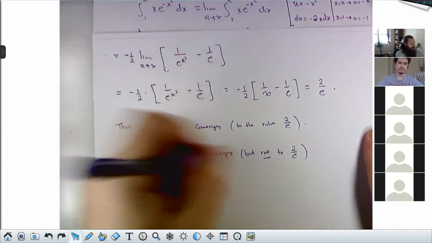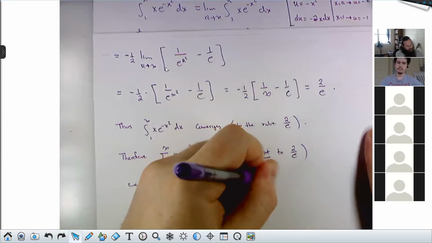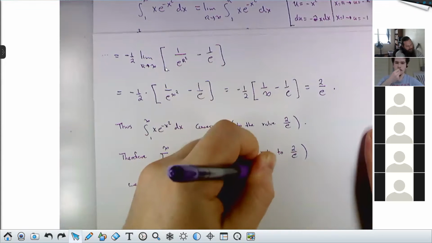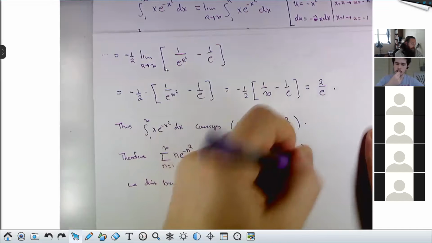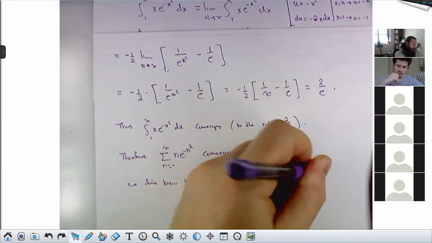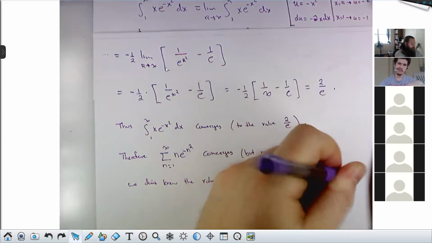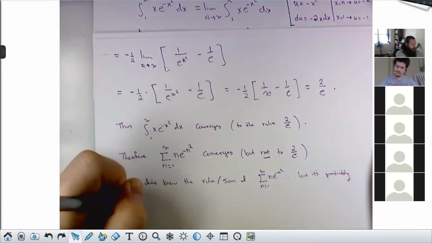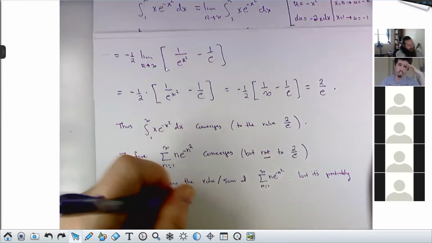The term for the value of the series is its sum. But it's probably close to 2 over e.